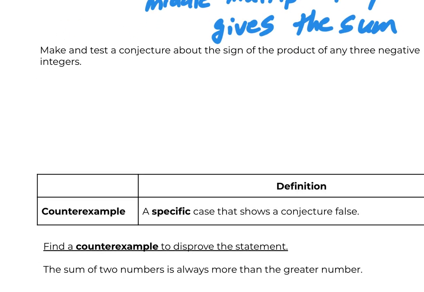But try to come up with the one that's the most specific. Okay? Make a conjecture about the sign of the product of any 3 consecutive, or not consecutive, but 3 negative integers. So let's go -4 times -2 times -1. What's -4 times -2? 8. 8 times -1? -8.